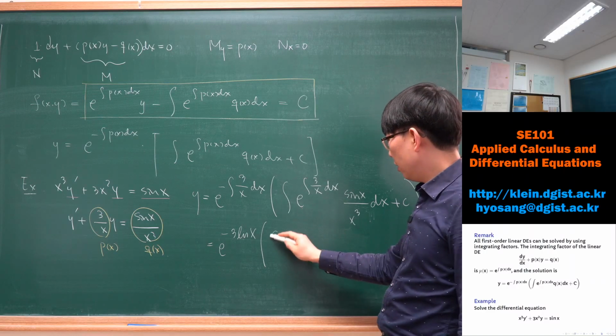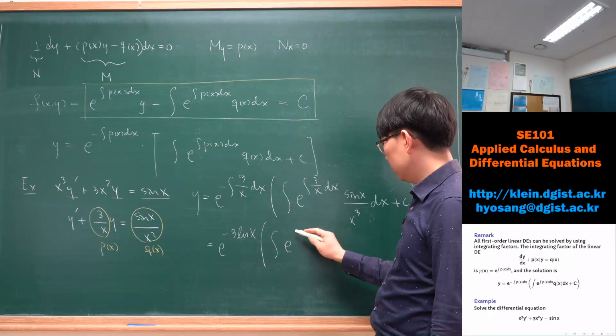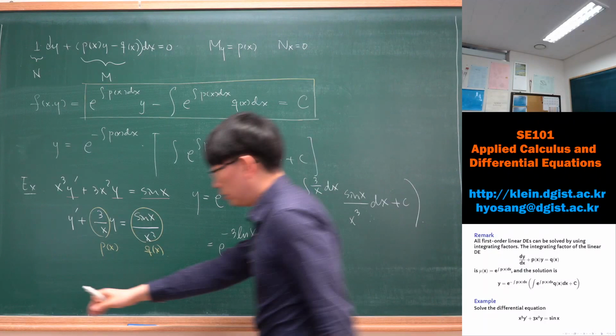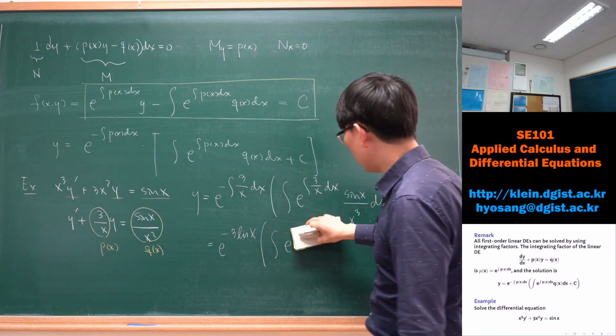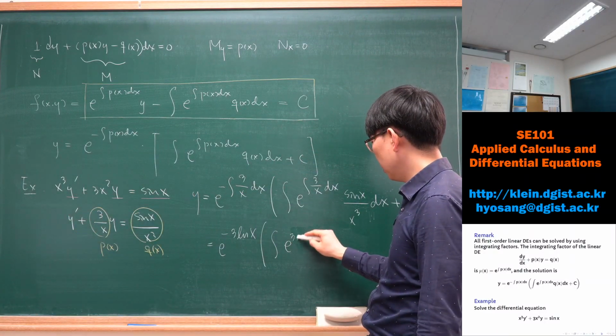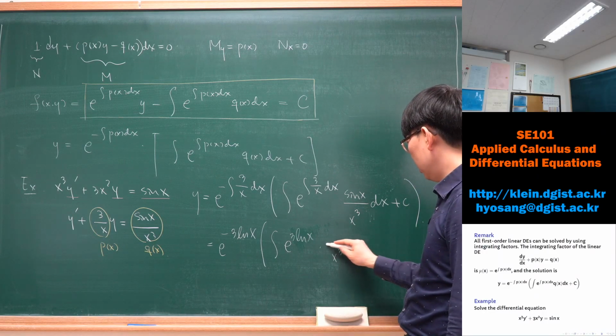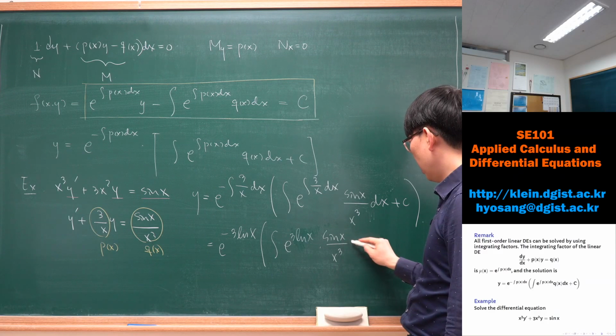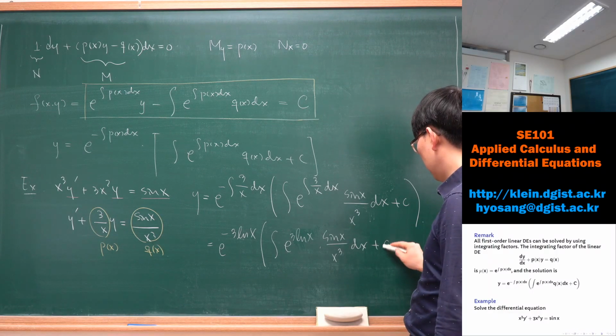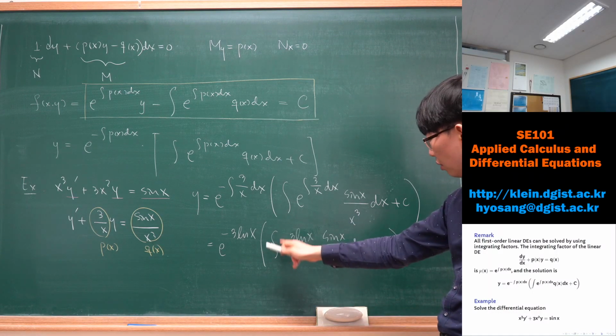And here we have integral of 3 over x. So this is also 3 ln x, and x cubed sine x over x cubed dx plus c. So we have one more integral.